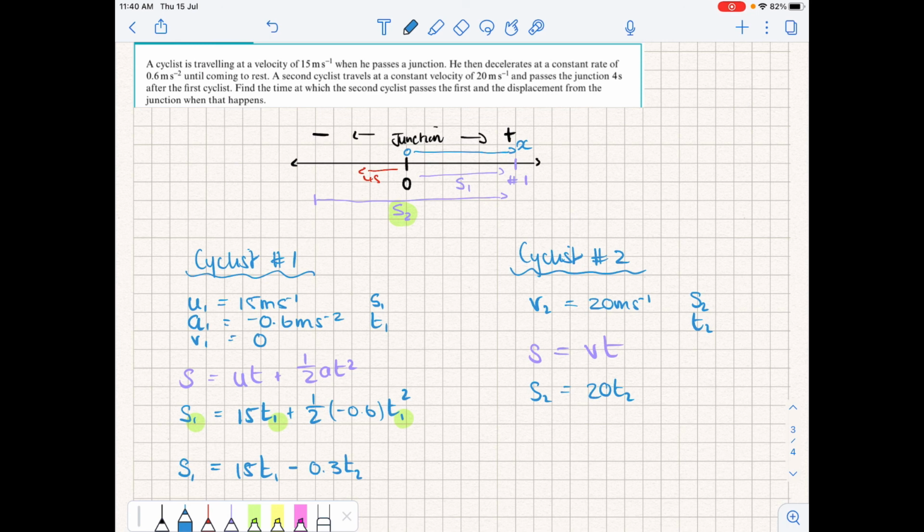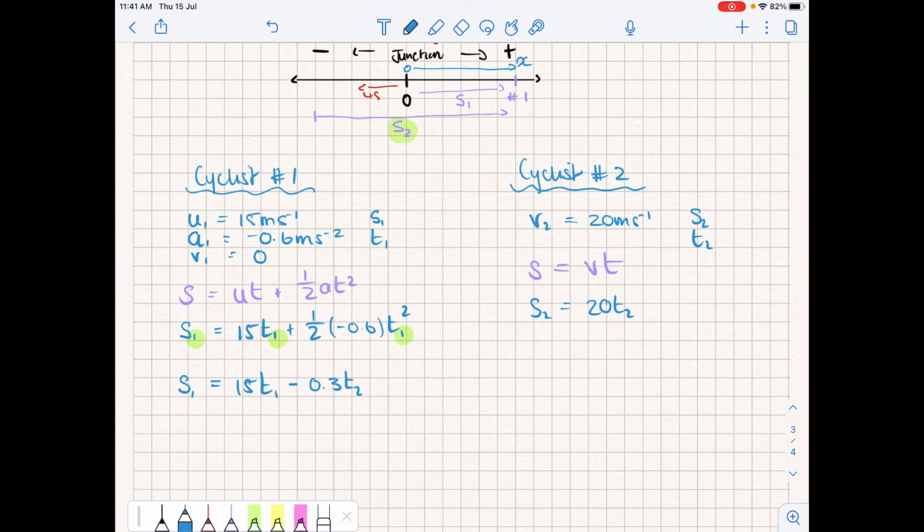Now, one important thing that we need to remember is that this cyclist did not start at the starting position. This cyclist was 4 seconds behind the first cyclist. So what we can say is that the time for the second cyclist, in terms of the first cyclist, is 4 seconds behind.